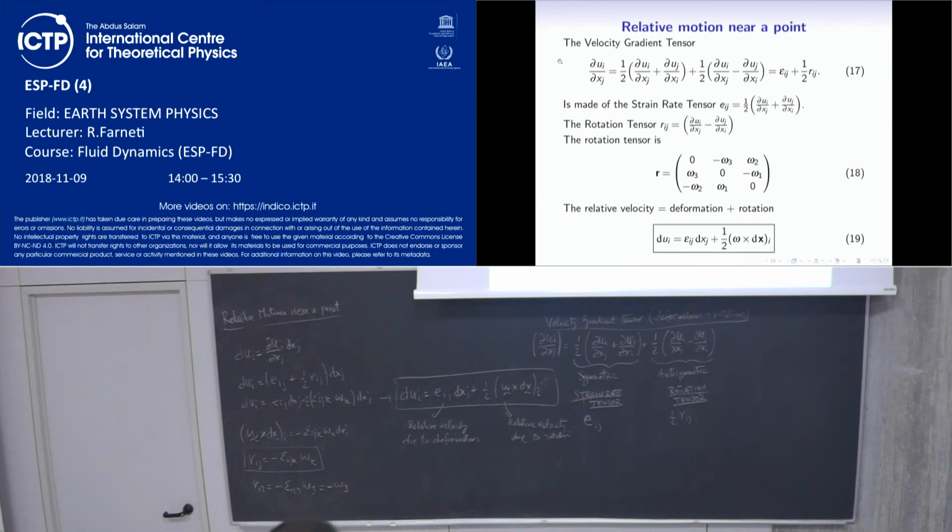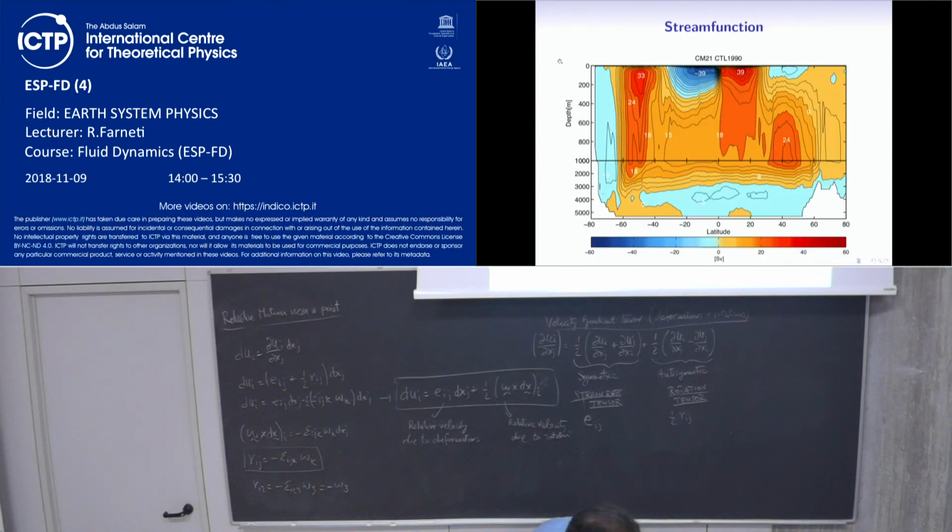And so we're done with the kinematics. So this is how you describe your flow. You describe your flow with streamlines, you describe your flow with stream functions, you describe your flow through the vorticity, okay, but you still don't know why the fluid is moving. We haven't talked about forces yet.